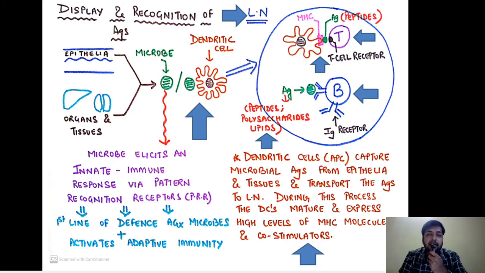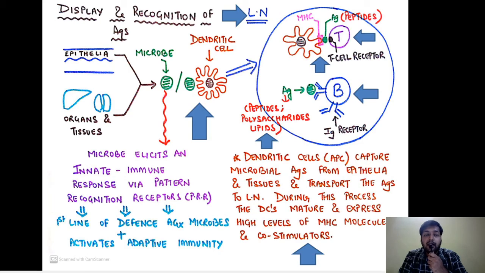The dendritic cells, that is the antigen presenting cells, capture the microbial antigens from the epithelia and the tissues, and they transport the antigen to the lymph node. During this process, the dendritic cells mature and express high levels of MHC molecules as well as co-stimulators. You can recall that MHC molecules are very important for antigen presenting cells like the dendritic cells, the macrophages and the B lymphocytes, as we have already discussed in the lecture on the MHC.